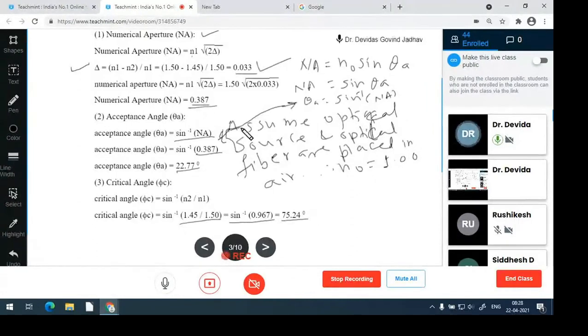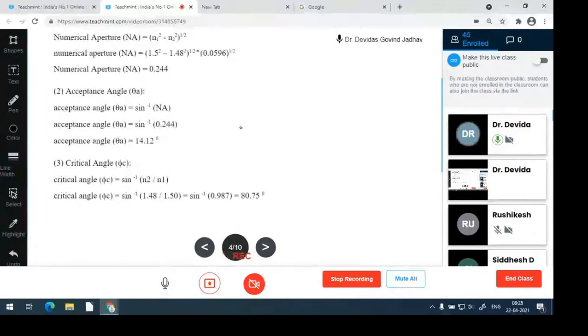So these are the three values we have calculated: numerical aperture 0.387, acceptance angle 22.77, and critical angle 75.24 degrees. So three problems we have seen yesterday also.